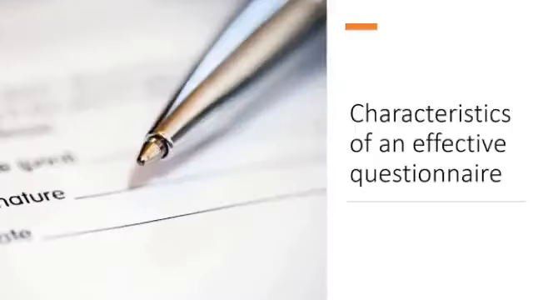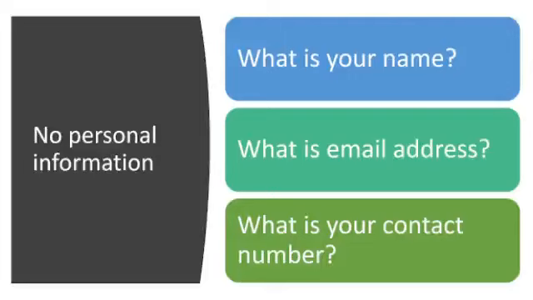Then some do's and don'ts, like what are the things that we should have in our questionnaire and what shouldn't be in a questionnaire. So let's start with a few things. Do not ask any personal information, like what's your name, what is your email address, and so on.